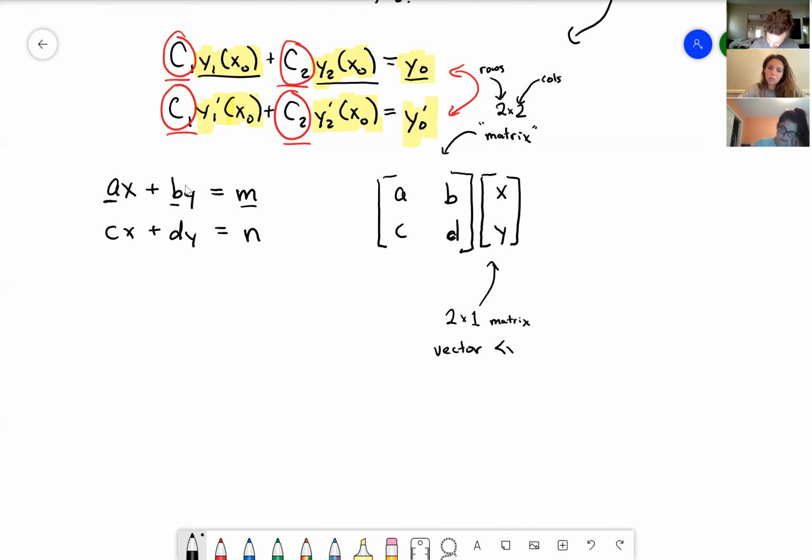So this is the vector xy, a two-dimensional vector where the first coordinate is the x coordinate and the second coordinate is the y coordinate. For matrix vector notation, we write this as a single column, and we'll come back to why that is. And finally, the right-hand side, we just write as another column, m, n. So this is again a 2 by 1 matrix.